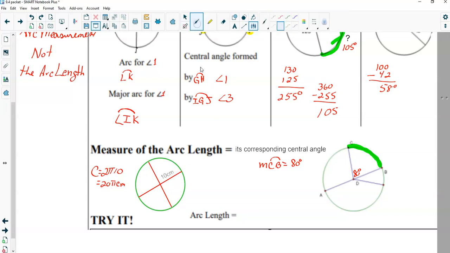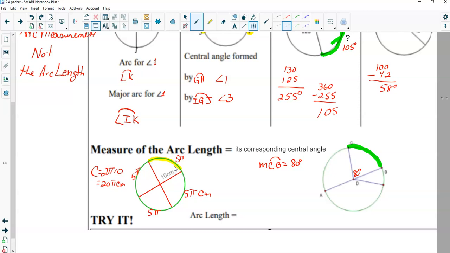If I want from here to here, the length would be 1/4 of 20 pi, which is 5 pi. This would be 5 pi, this 5 pi, this 5 pi, and this 5 pi. That gives me 20 pi centimeters in total.